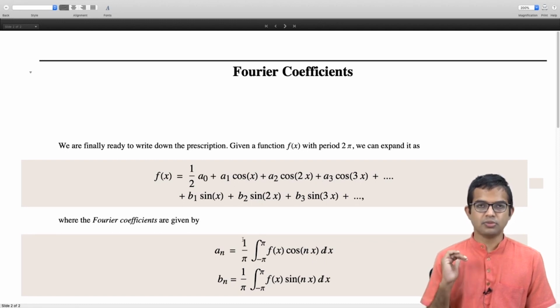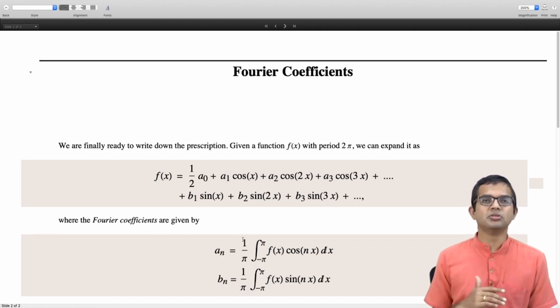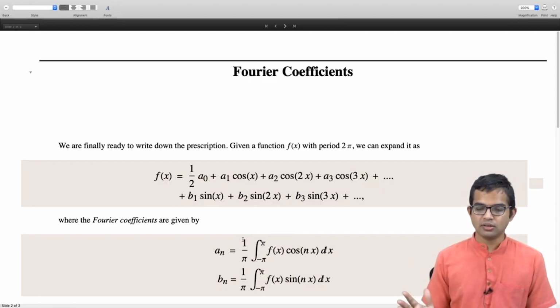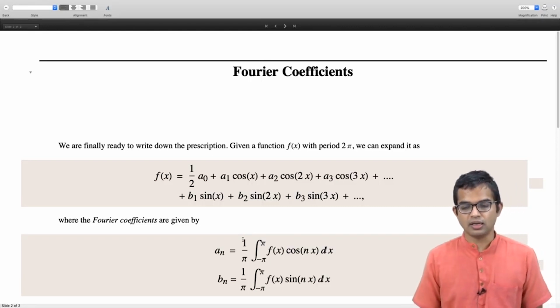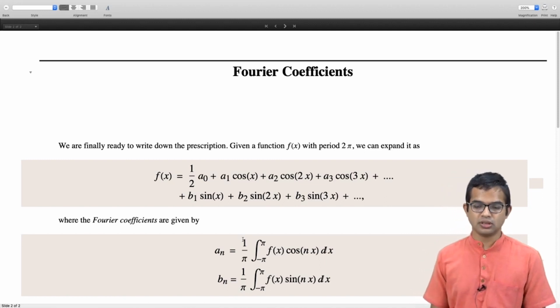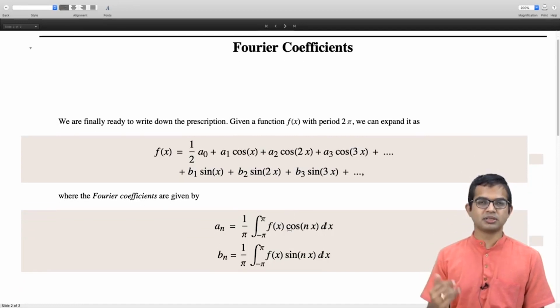So this is to be viewed purely as a prescription. You have a function f of x with period 2 pi, and we want to find a bunch of coefficients a0, a1, a2, a3, and so on, and b1, b2, b3, and so on, such that f of x is equal to this infinite series, which is called a Fourier series.